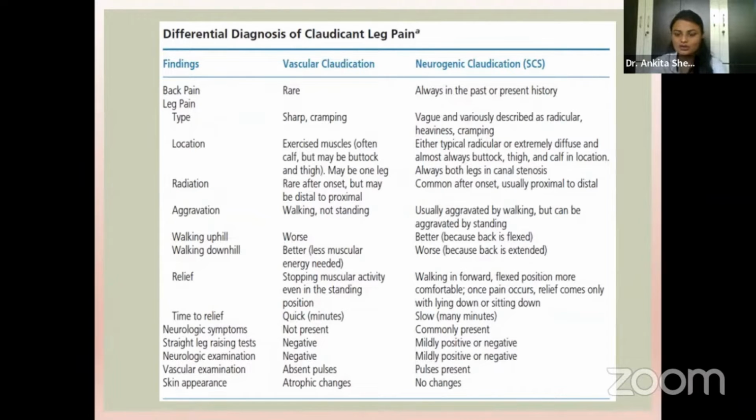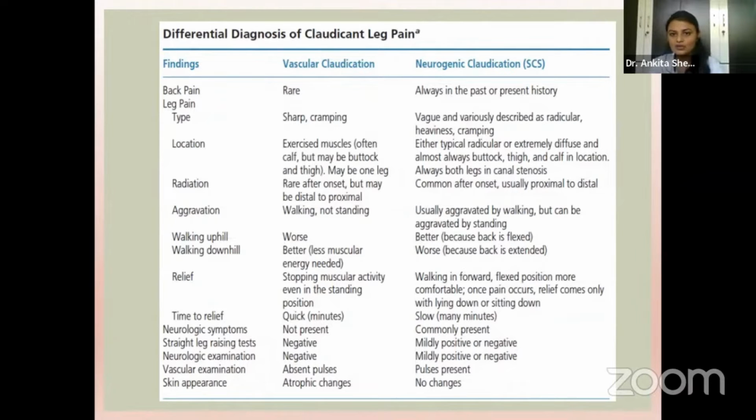With neurogenic claudication, it is there presently or it might have been in the past at some time. The leg pain in vascular claudication is sharp and cramping type. It generally occurs after exercising a muscle and may be unilateral. Radiation in leg pain is much rarer in vascular claudication. If there is any, the radiation is from distal to proximal level.